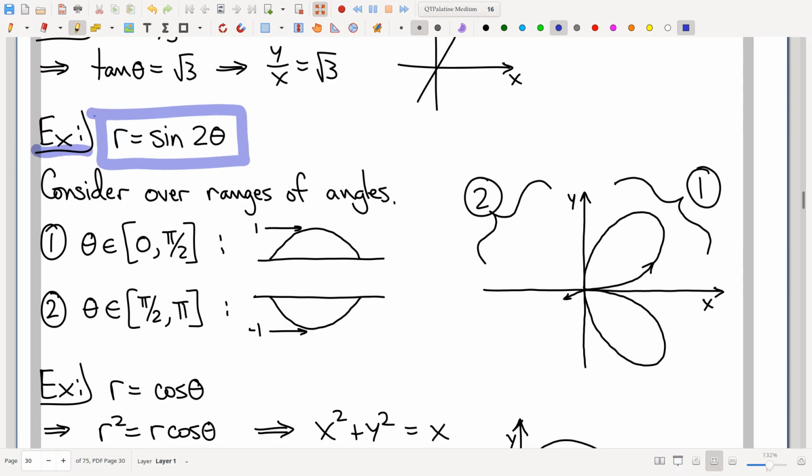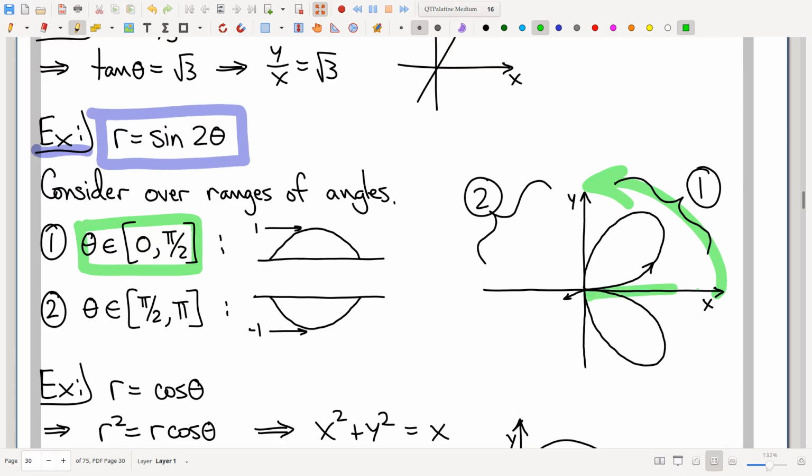So this said, what's the picture? What does this curve look like? How do I draw what you might call the polar graph of this? Well, here's the way I like to do it. I like to think one quadrant at a time. So let's think about these values of theta between 0 and pi over 2.